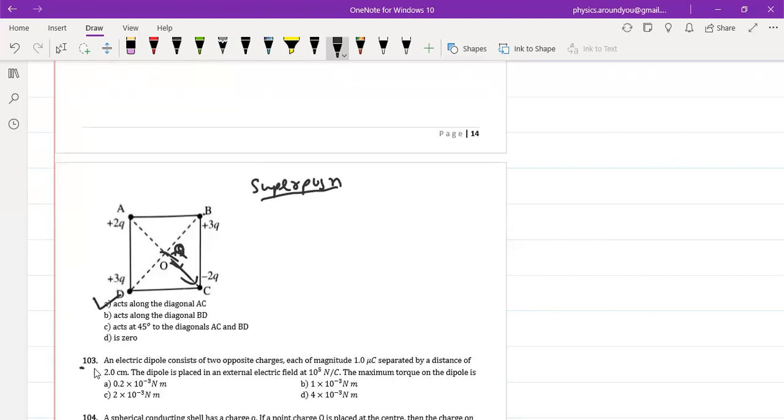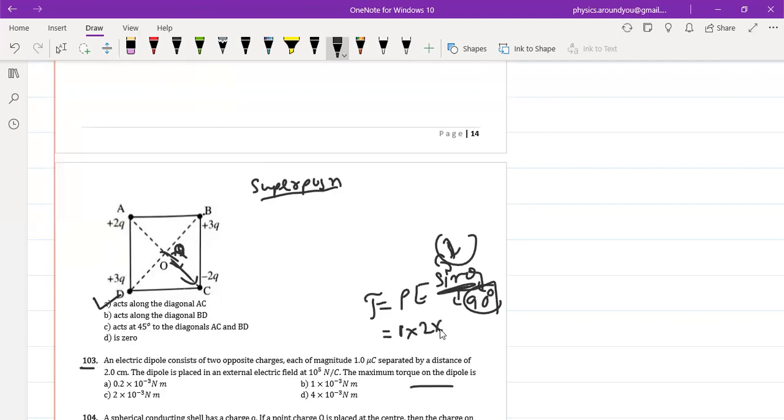Question number 103. Again a dipole. Torque on a dipole. You should get good vibes here. Torque equals P E sine theta. For maximum torque, theta is 90 degrees, so sine theta becomes 1. So it is just P E. P is 1 into 2 into 10 power 5. Which of the options have 2 in it? But you should be careful. It is 1 micro and 2 centimeters.